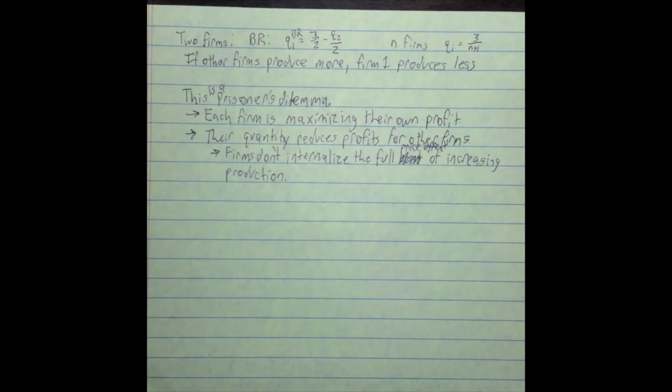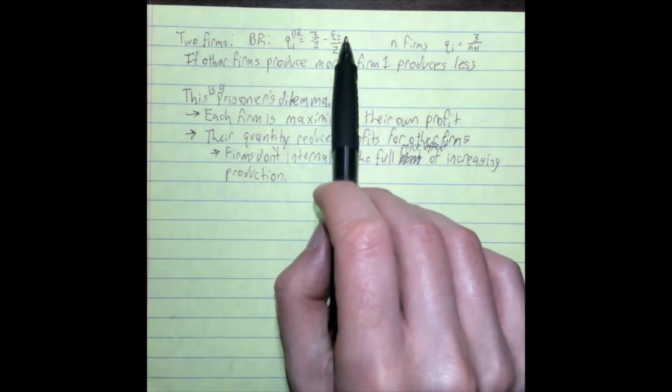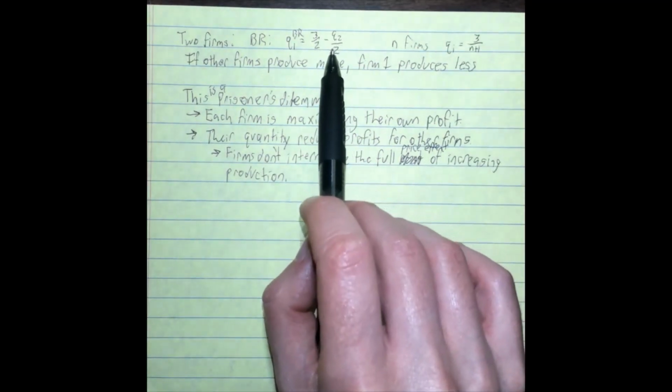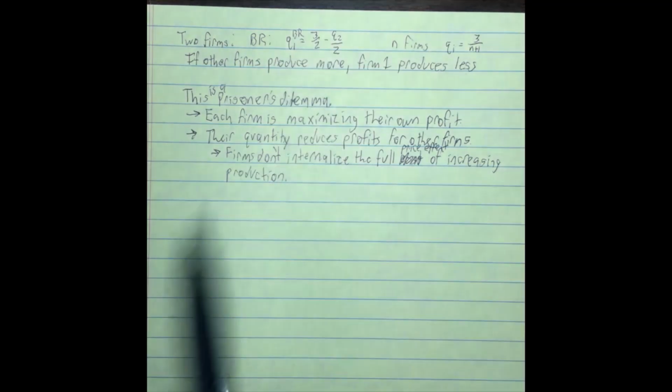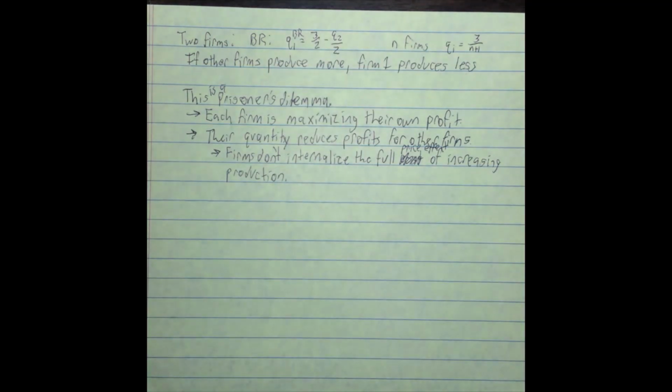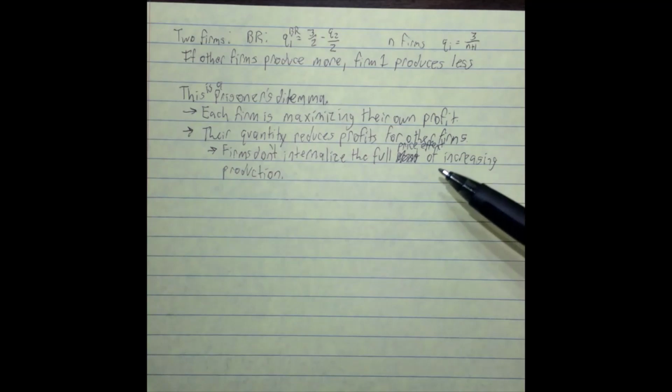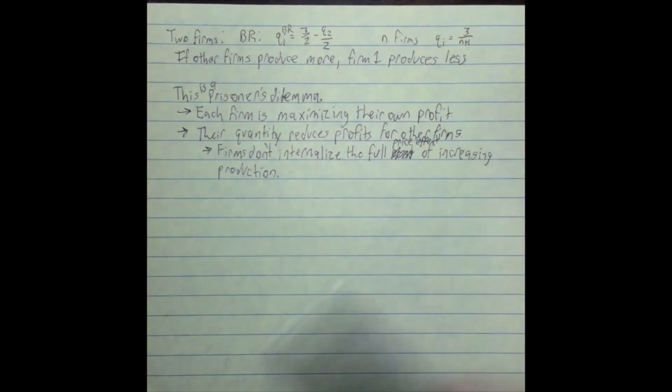It hurts the profits of other firms, and also reduces their production. So it isn't fully facing the full price effect of its own extra production. And because it's not facing that, firms are going to overproduce compared to the monopolist, and so they're not going to be as profitable.